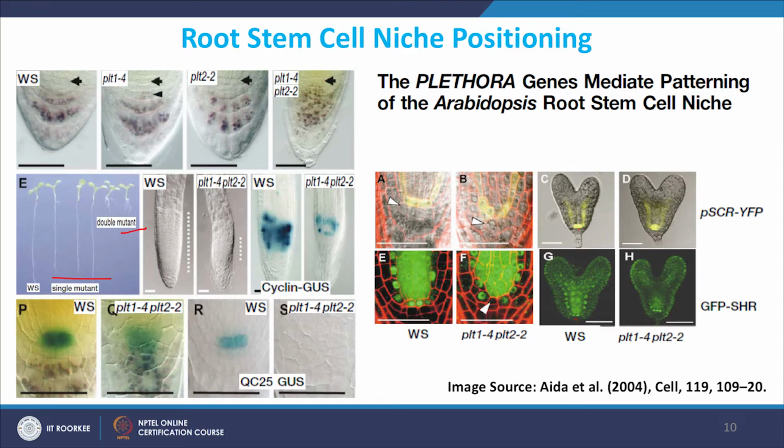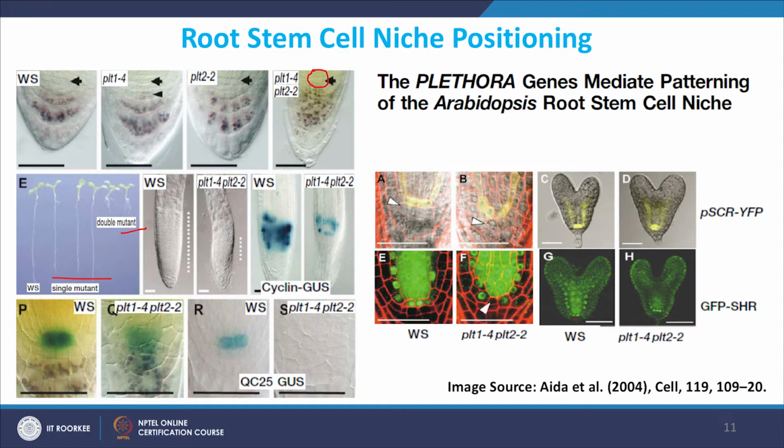And if you look at the differentiation pattern, this is the QC, again the same thing, but if you look at the double mutant, the cells just below the QC in the D1 layer have started accumulating starch, which suggests that in plethora 1 and 2 double mutants, the stem cell niche is not getting maintained.